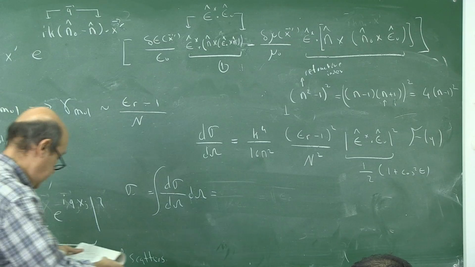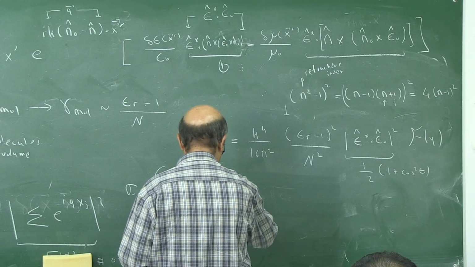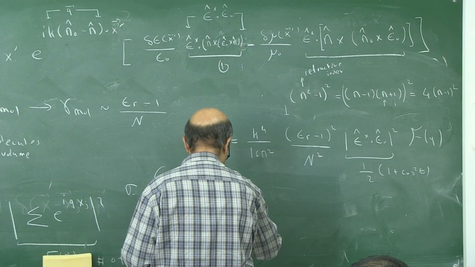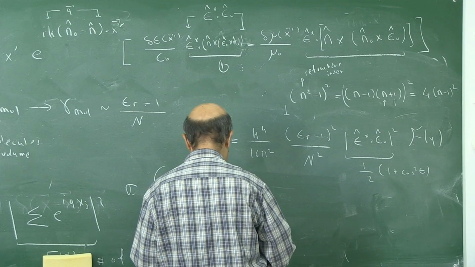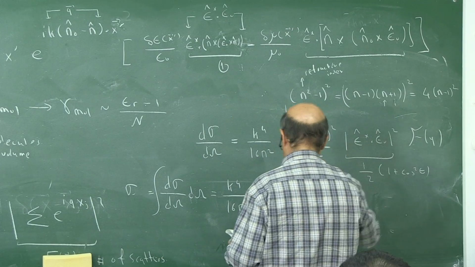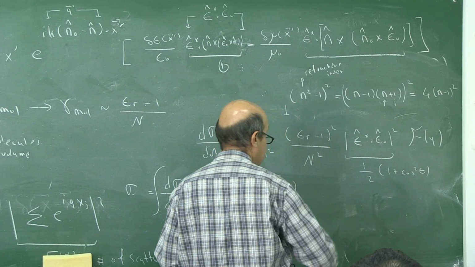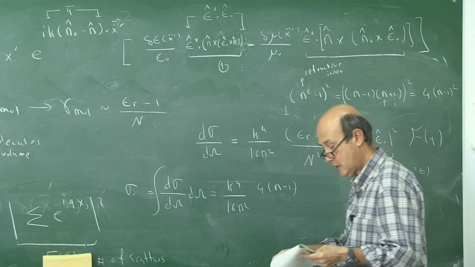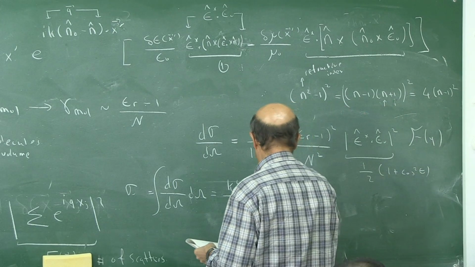So the overall result will be the following: k to the 4 over 16 pi square, and from here you have 4 times n minus 1. N is the refractive index of the atmosphere, divided by n square.